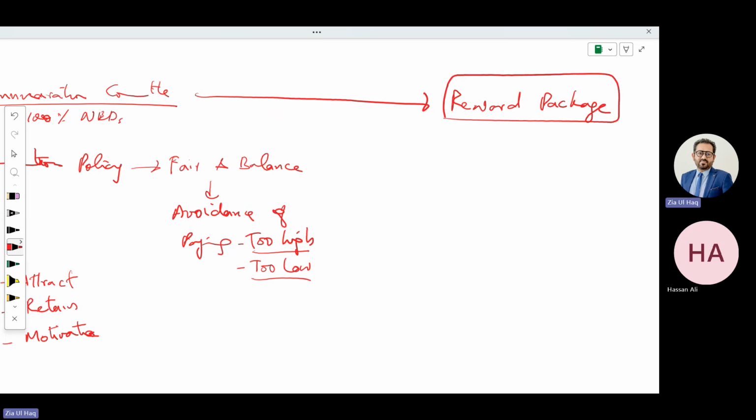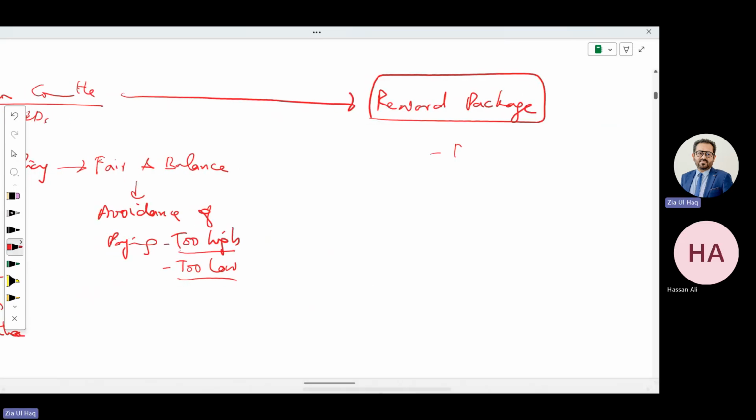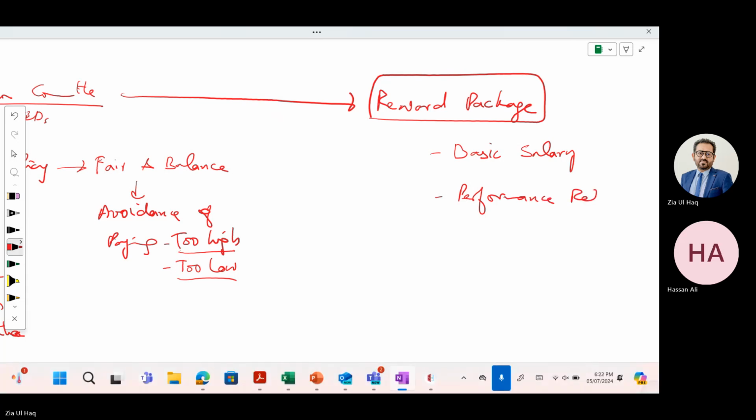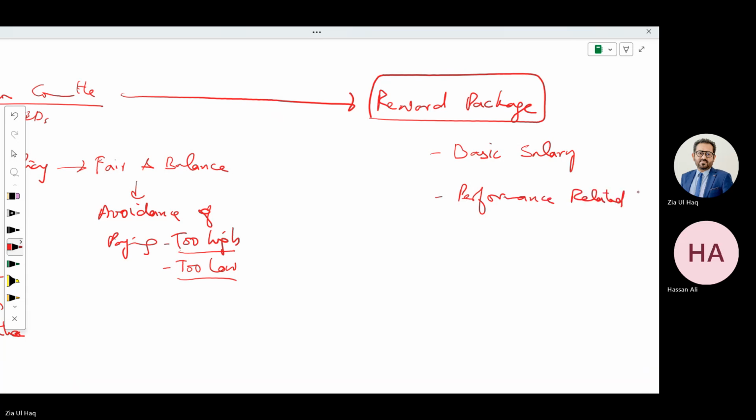And there are different elements of directors' reward package. What are the elements of directors' reward package? Basic salary, performance related pay, pension, and perks.